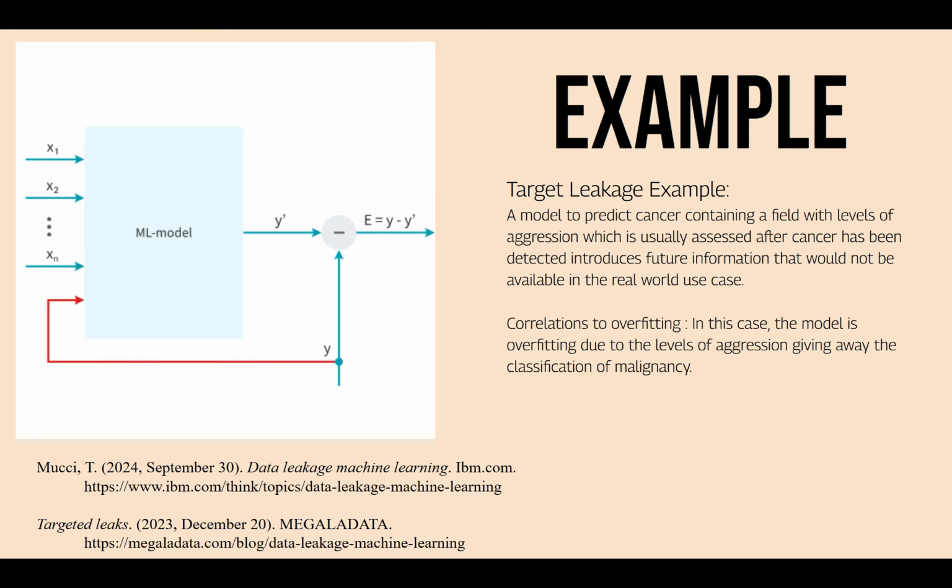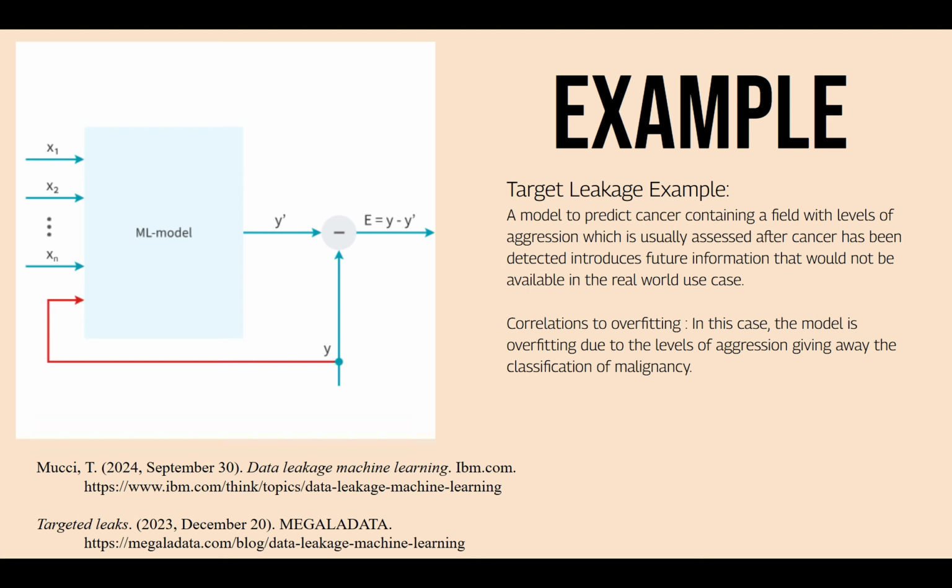So here we are talking about an example. We're going to focus mostly on target leakage today. An example of target leakage in a model is when we create a model to predict cancer, but it contains a field with levels of regression, which is usually assessed after cancer has been detected.